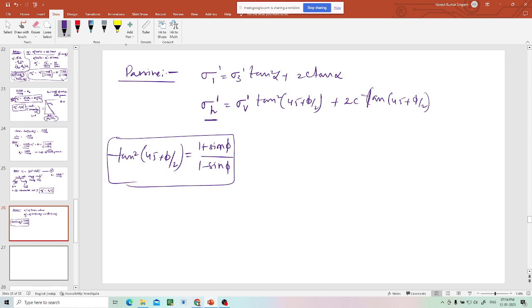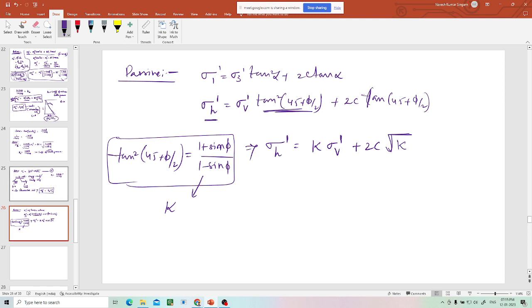Now this parameter can be taken as constant k, let us say. So sigma h dash is k multiplied by sigma v dash plus 2c under root k.